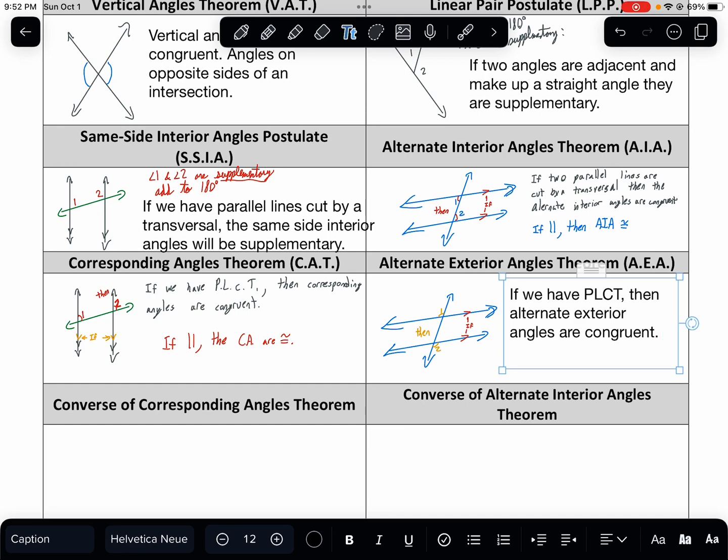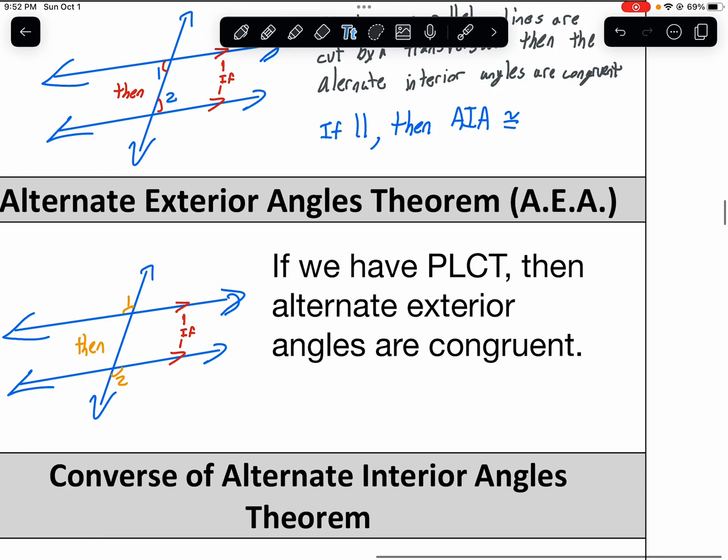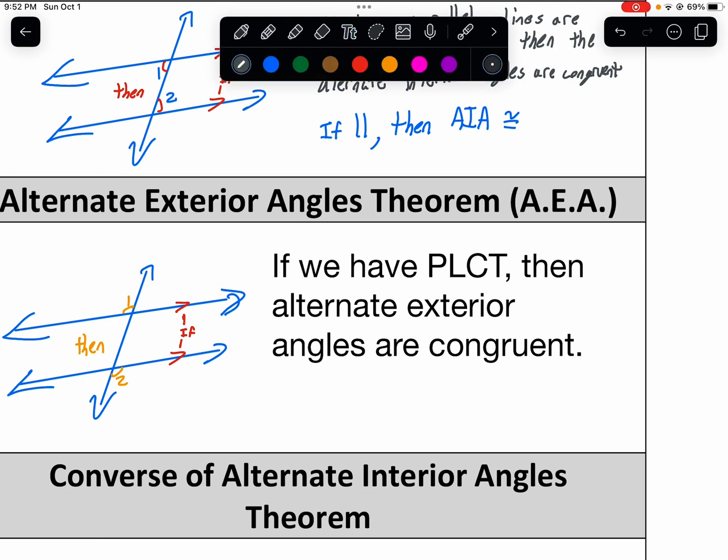That's our statement there. And finally, let's write it in our more simple form. If two lines are parallel, then alternate exterior angles are congruent.